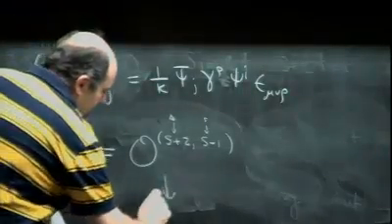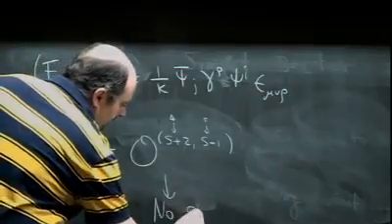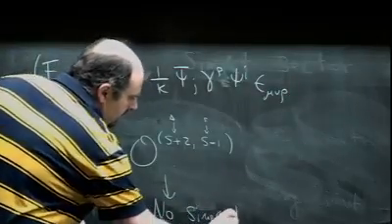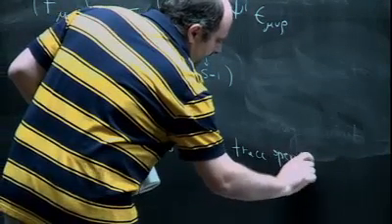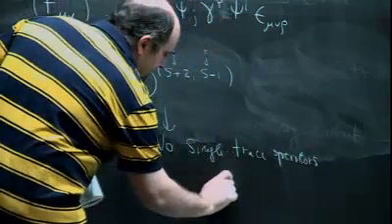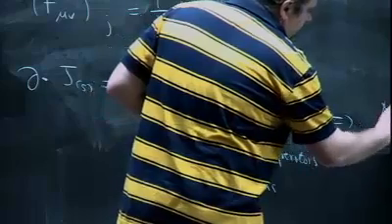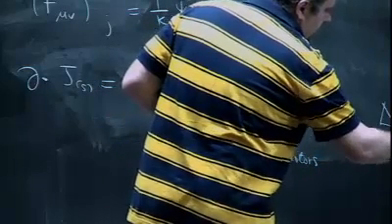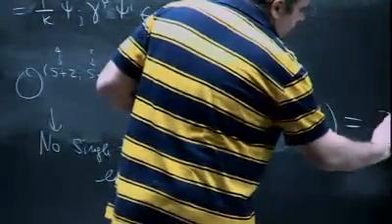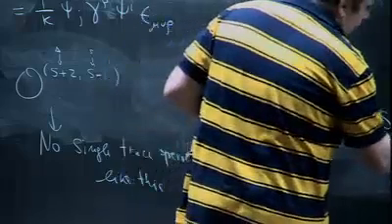So there are no single trace operators like this. And so it follows that these currents have the dimension of a conserved current up to 1 over n.